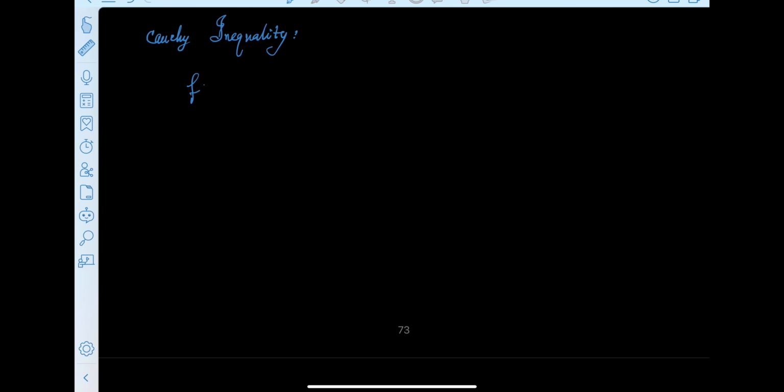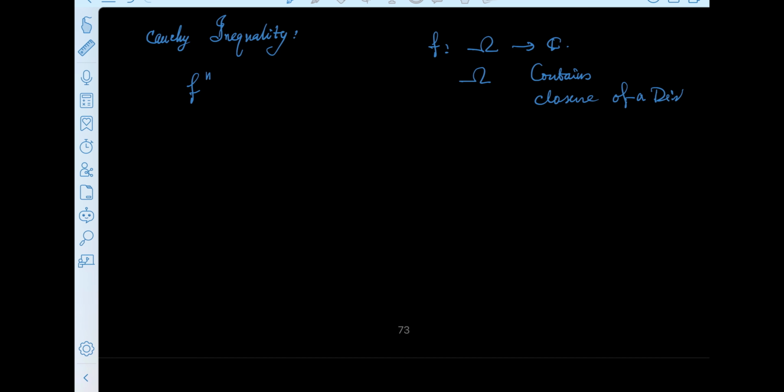So let's say f is an entire function from sigma to C, and sigma contains a closure of a disk of radius r, around 0.